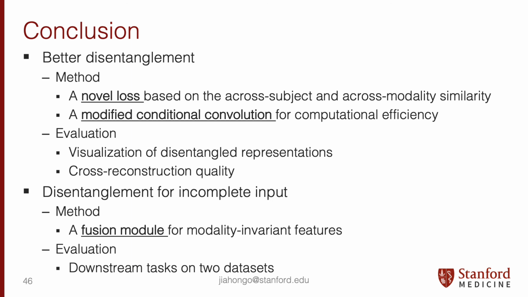We then propose a way of using this disentanglement for downstream tasks with incomplete input. A fusion module is introduced to achieve modality invariant features. We evaluate this part on the downstream task on 2 datasets.